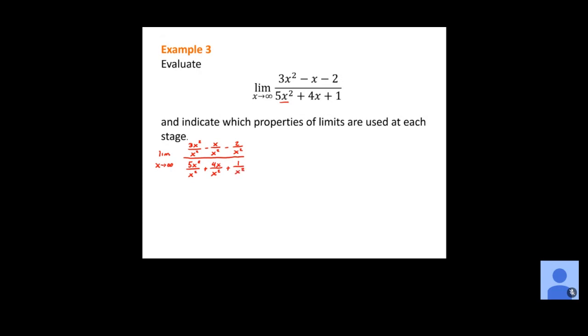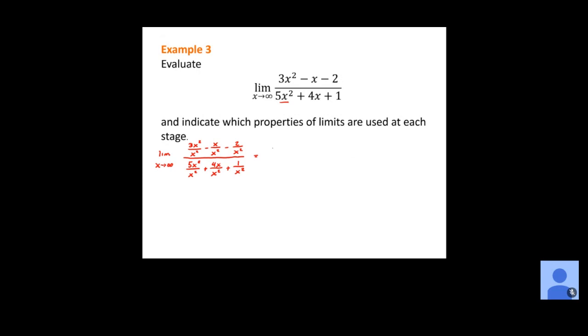So figure out what your degree is, and whatever that variable is, we're going to divide every single term by that power now. And this works for limits as we approach infinity or negative infinity. In both cases, we're going to do the same thing.